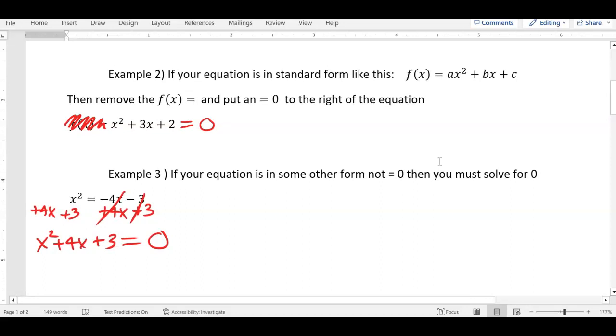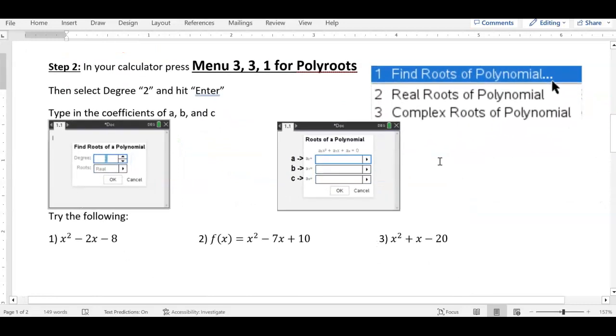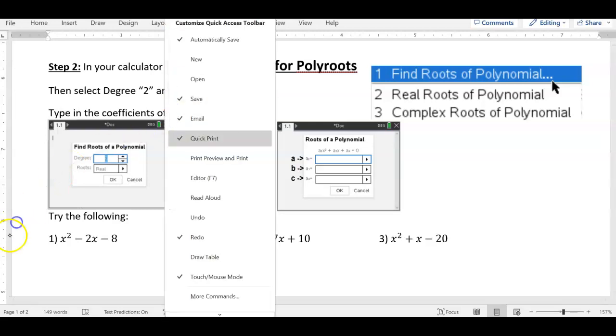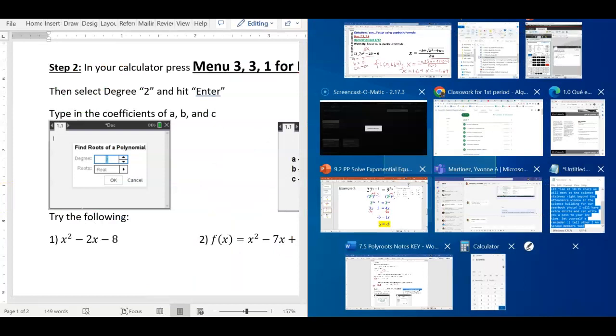So I want to make sure everyone understands. You have to make sure it equals 0 first, and then here's the easy part. You ready for the easy part? Okay. Here's the buttons you're going to press. In your calculator, you press menu 331 to get to polyroots. Okay. So let's go ahead and make sure our calculators are on, and everyone's doing this with me. Where are my notes here?